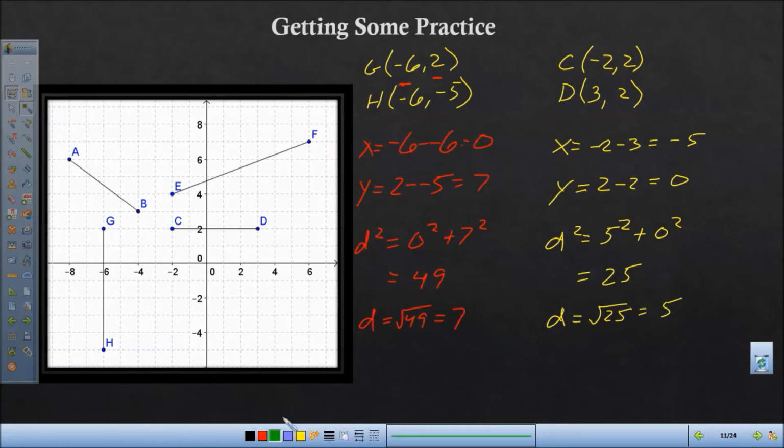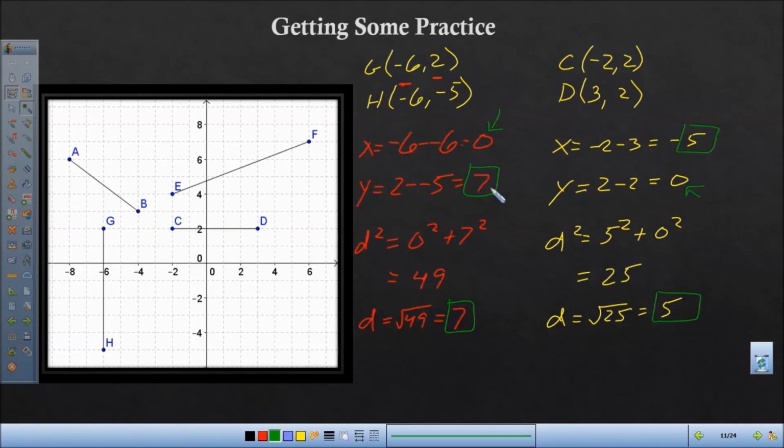What we want to notice here is that our answers have already been computed. Whenever you have a 0 component, the solution will be the other component. So you don't have to do the Pythagorean theorem at all. Whenever you have a 0 component, the answer is simply the other component.